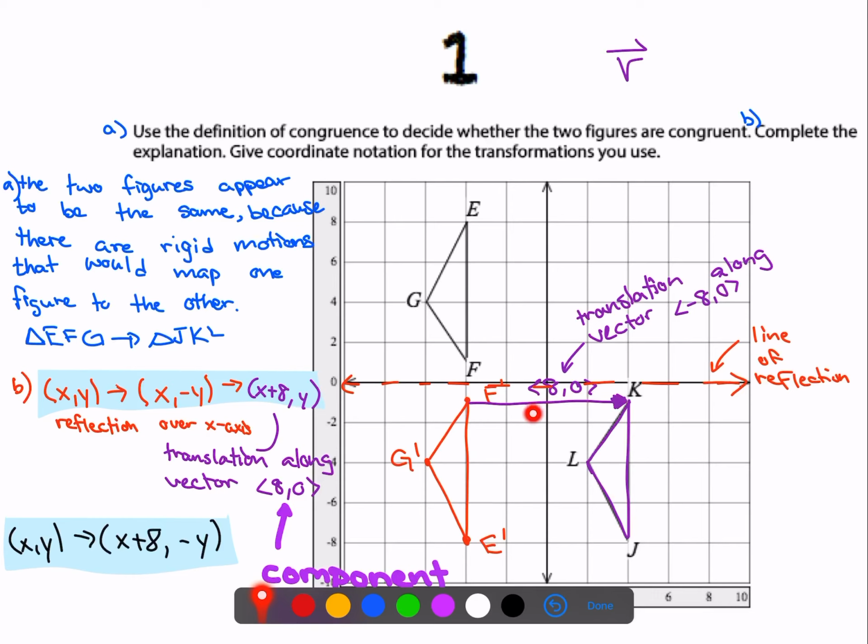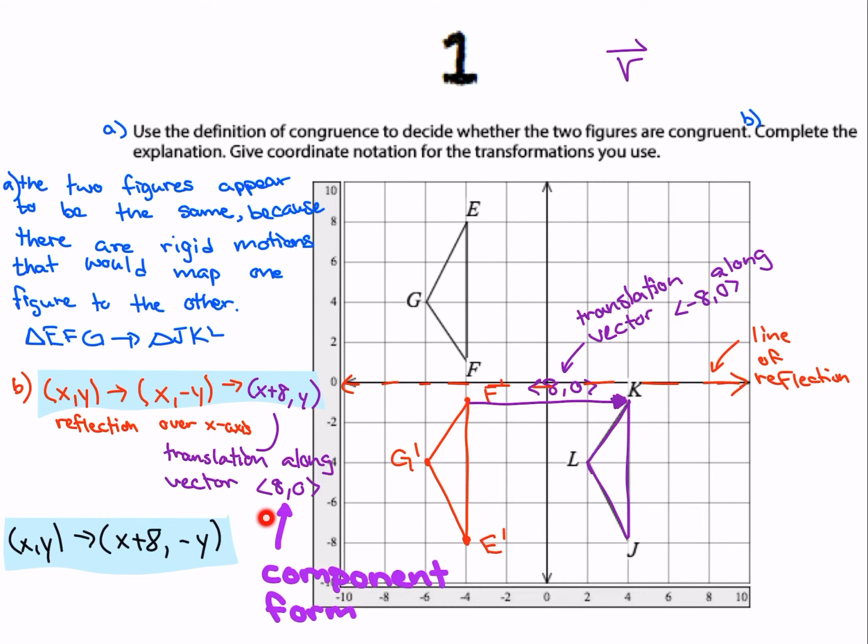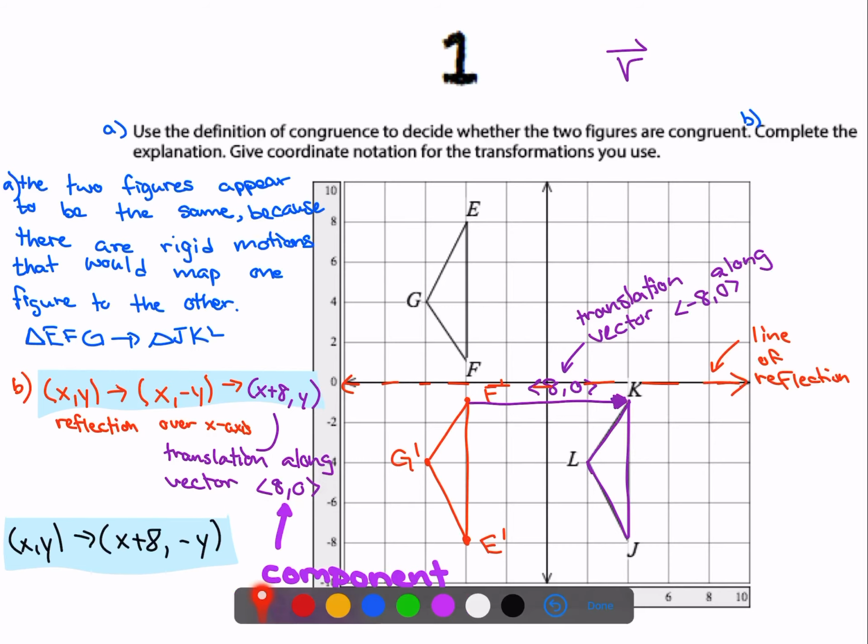That will map E prime, F prime, G prime to triangle JKL, thus proving congruency. Also, just a quick note, please do not forget that this is called component form. If you haven't forgotten that vocabulary, awesome, but if you have, this is component form. And then, along with that, I have (x, y) turns to (x + 8, -y) for our final answer.